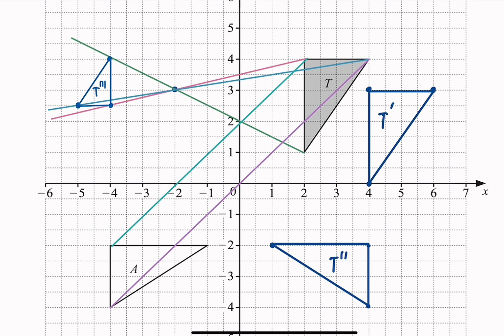Because if you see that the distance from this to this is likely equal to the distance from this to this, and the distance from this to this is likely equal to the distance from this to this. Therefore, this is the reflection line.